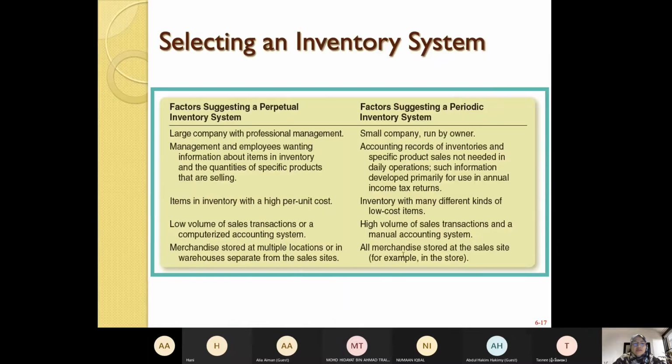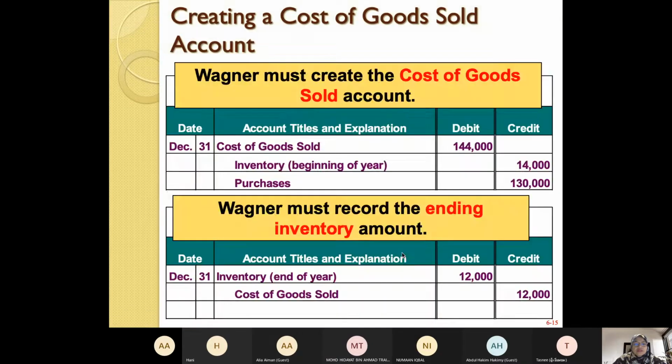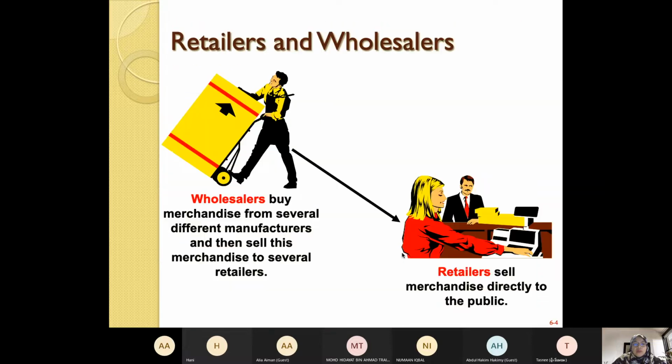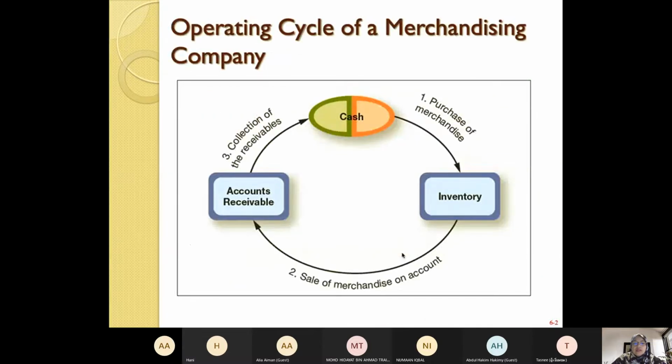If we go into the PowerPoint, this is the operating cycle of a merchandising company. You start with your cash. Then using your cash, you purchase your merchandise, which is what we call inventory, and then you sell the inventory to your accounts receivable, and then you collect money from the receivable.